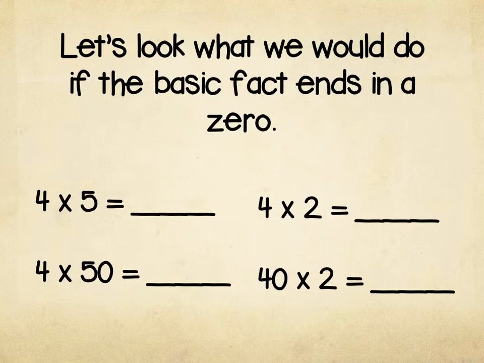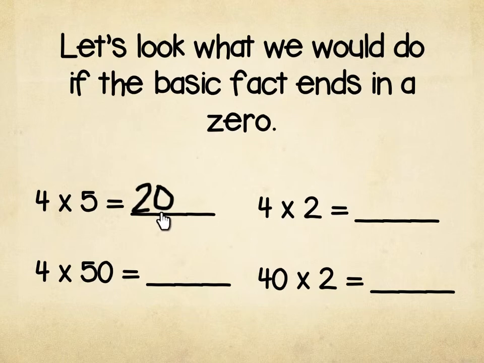Okay, now the only tricky thing when you're doing this is that sometimes when you're looking at the basic math fact to help you solve the problem, the answer or the product of the basic math fact might end with 0. Let's work through this one together. 4 times 5 is 20. My basic math fact already has a 0 on the end.